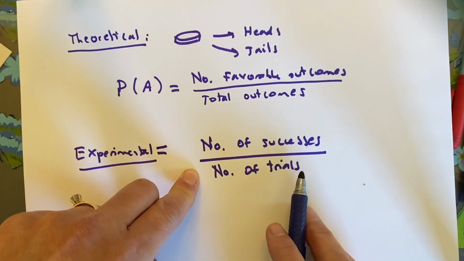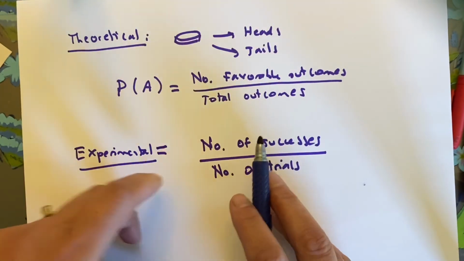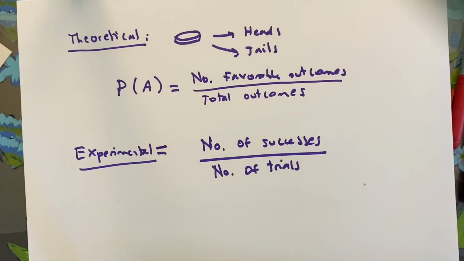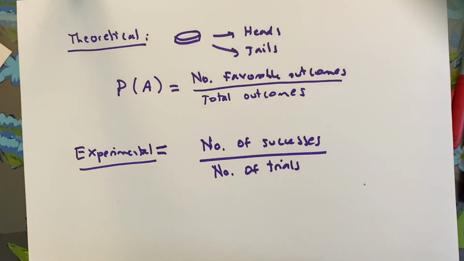So the more you do, the closer you'll see that it'll get to that 50% theoretical probability. And this is really important. That's one of the reasons that when you design an experiment, you design it with a lot of different trials, because that's how you get the most accurate information. Okay, so let me do the 2 examples and then we'll end.